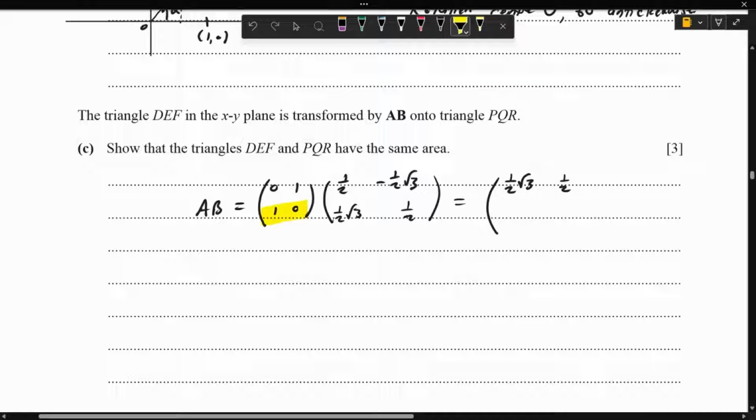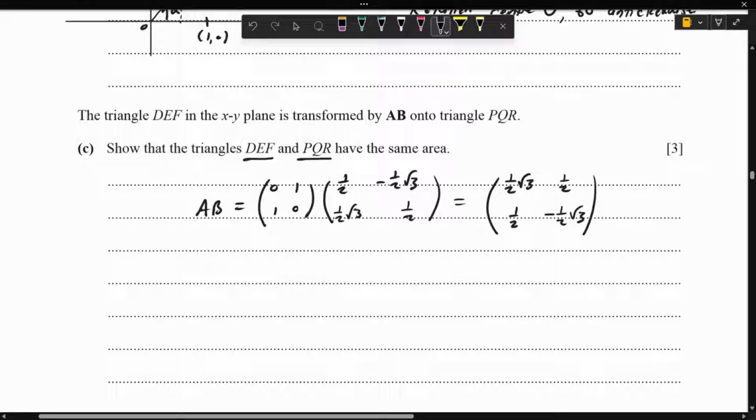Next, this row and this column will give us a half. And lastly, this row and this column will give us minus half root 3. So this is what we're having for AB. That is the transformation taking triangle DEF onto triangle PQR.